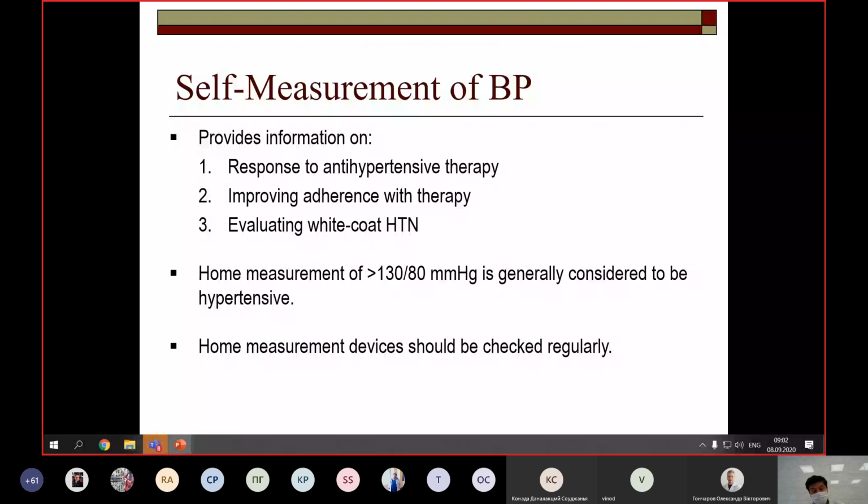Home measurement devices should be checked regularly, and please be aware that home devices are appropriate for self-measurements of BP as well.